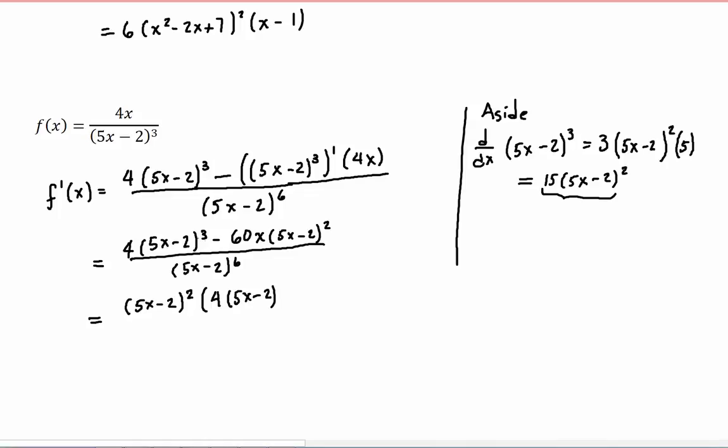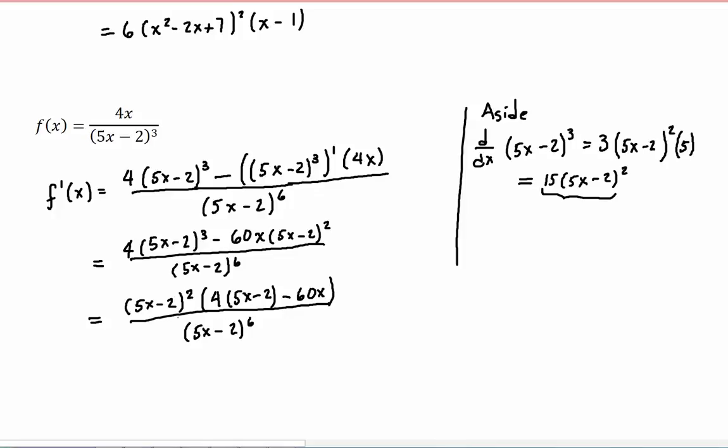Why? Because I have 3 factors of 5x minus 2, and I take out 2, I'm left with 1. And then minus, here I take out the 2, so I'm left with just 60x. And in the bottom, I'm going to have (5x minus 2) to the power of 6.